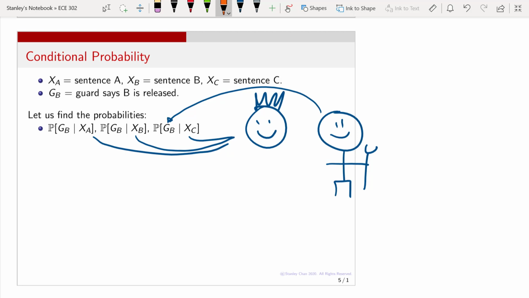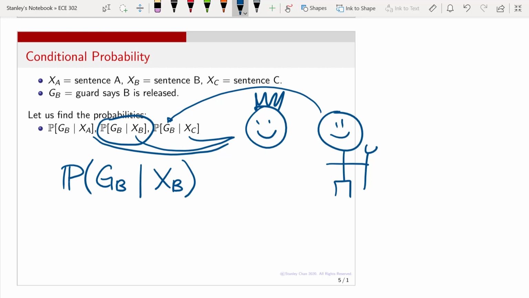Now, let us do some very simple calculation. For this event, let's look at the probability that prisoner B is sentenced, and then the guard will say that B is released. Imagine that you walked to the guard.